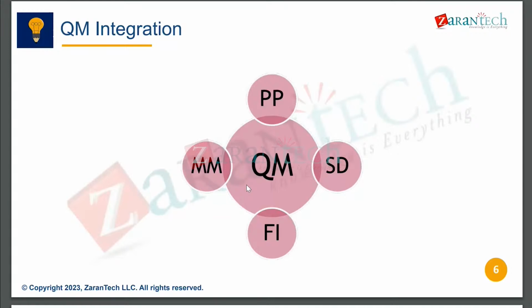Here we have an integration with plant maintenance, but the plant maintenance activities which we are doing, the calibration part, is already within the QM. We have test equipment management as a separate process, where we cover all the quality relevant calibration activities.